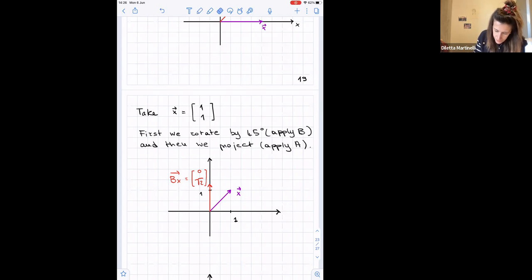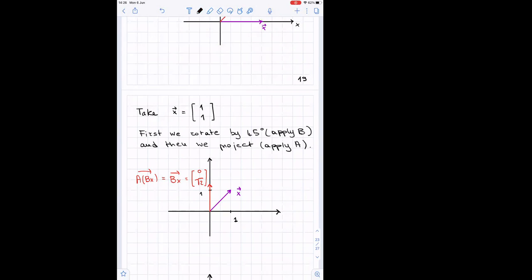So A of Bx is still the vector 0, square root of 2, because it already belongs to the y-axis. So that's what we get in one case.